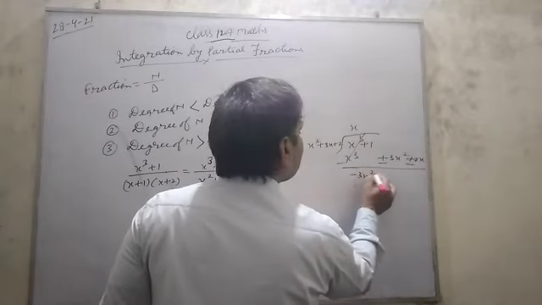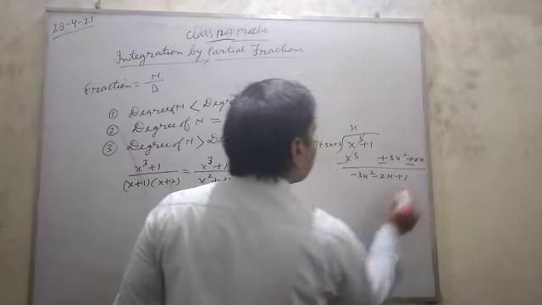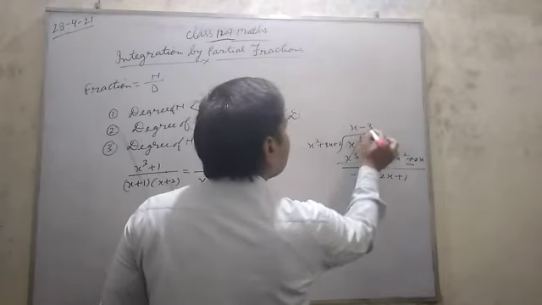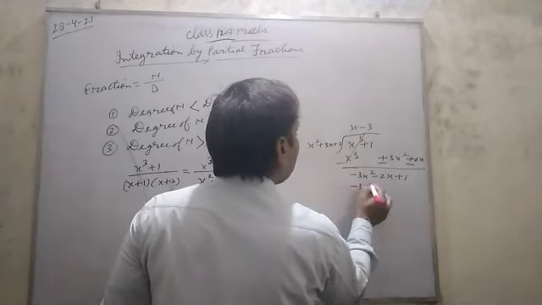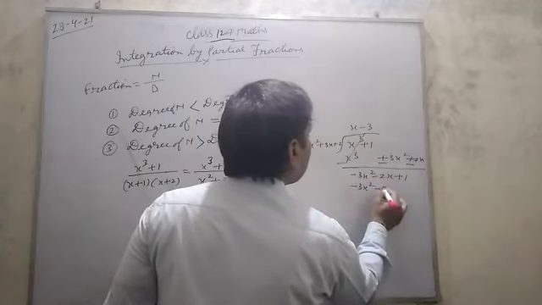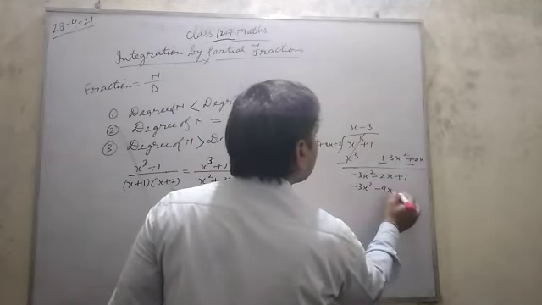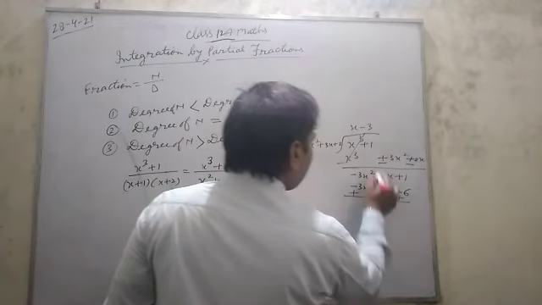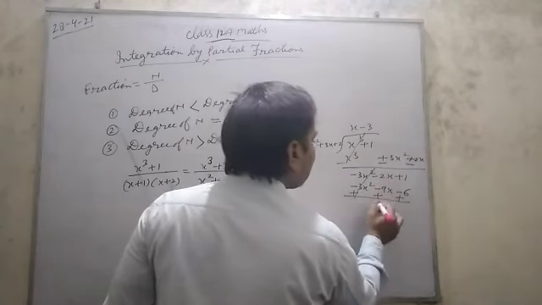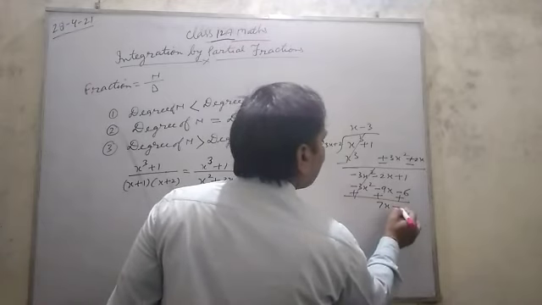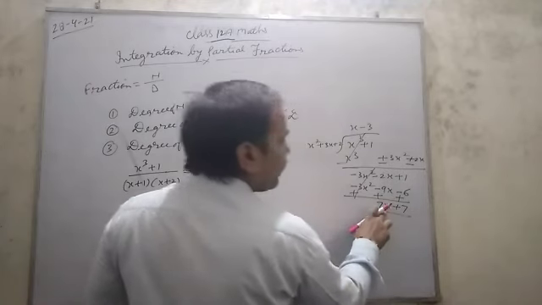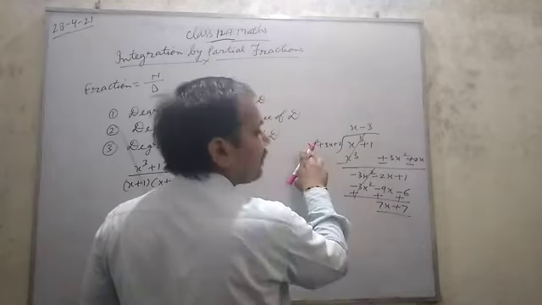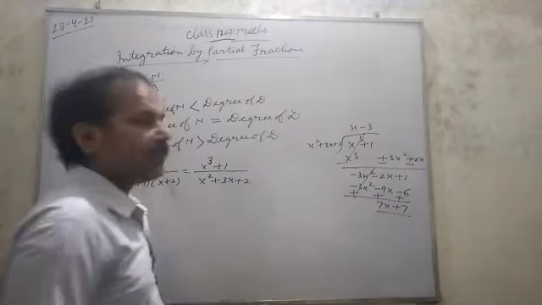So minus 3x square minus 2x plus 1. Then minus 3 times multiply it: minus 3x square minus 9x minus 6. Subtract it: minus 2 plus 9, 7x, plus 7. Now the degree of the remainder is less than the degree of the divisor, so division stops.